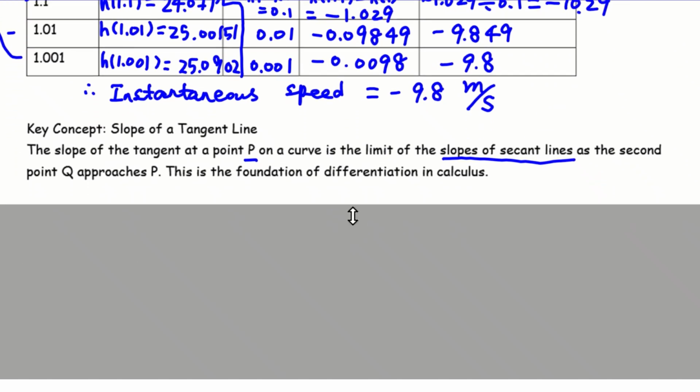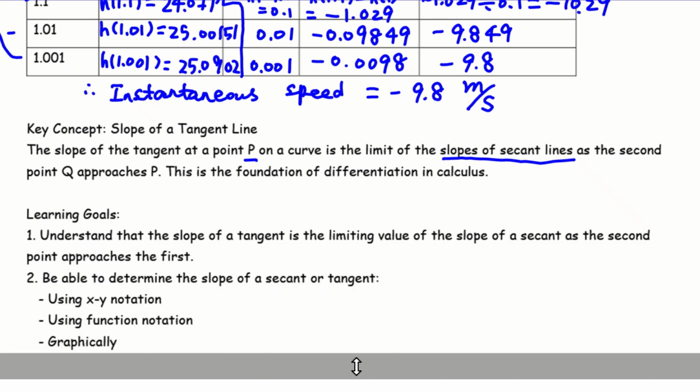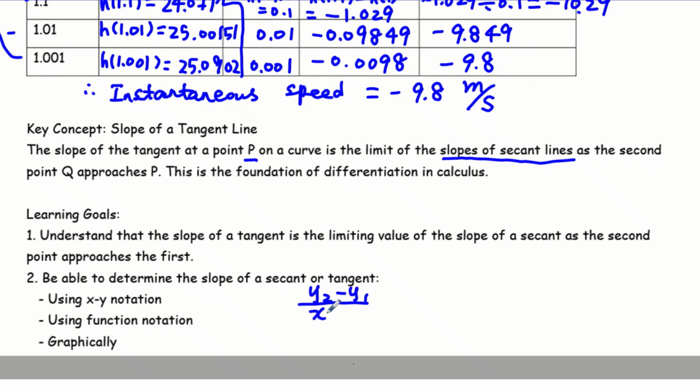The learning goals for this lesson are to understand that the slope of a tangent is the limiting value of the slope of secants. It's rise over run. And you should be able to find the slope of a secant or a tangent by using xy notation. It is just y2 take away y1 over x2 minus x1. That is the slope formula.